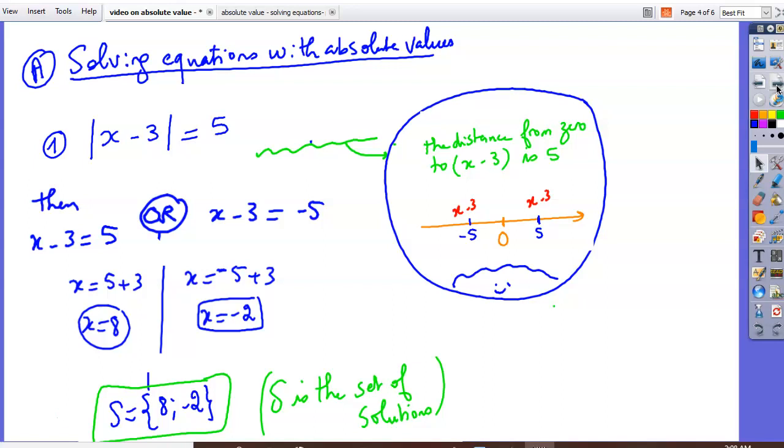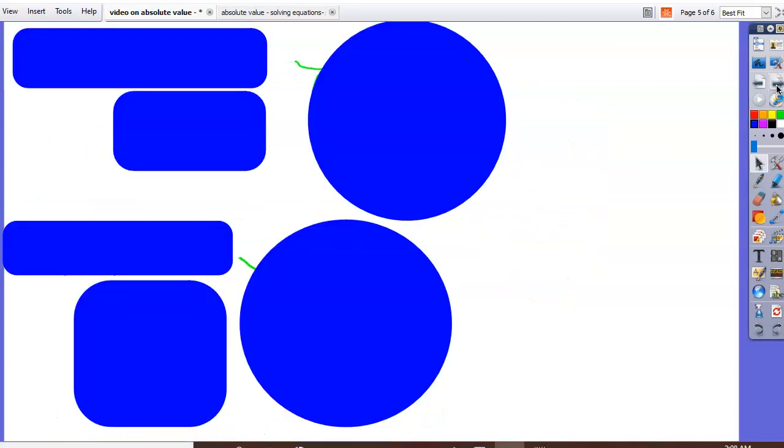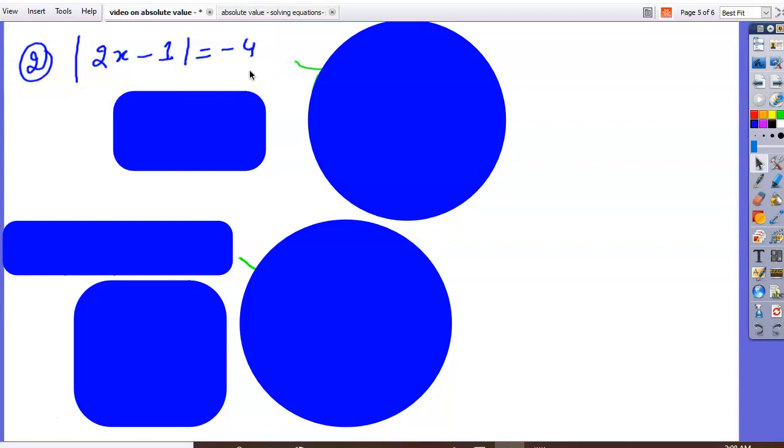Okay, now let's move to another example. We want to solve the absolute value of 2x minus 1 is equal to -4. Let's think again of the definition. I want the quantity 2x minus 1 to be placed at a distance -4 from 0. However, we said that the distance is always a positive value.